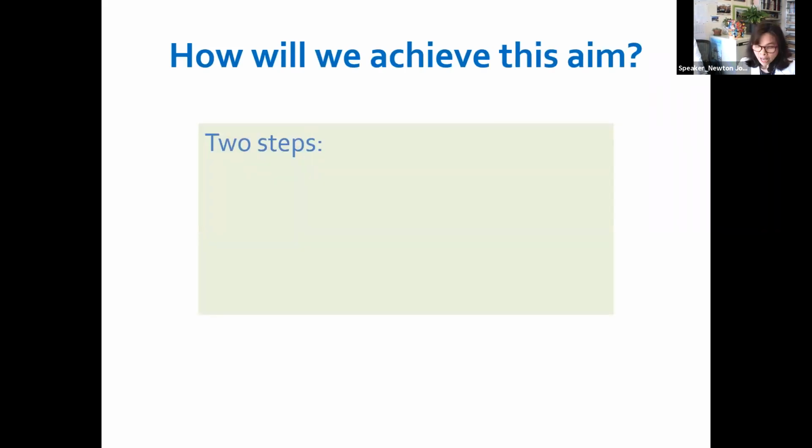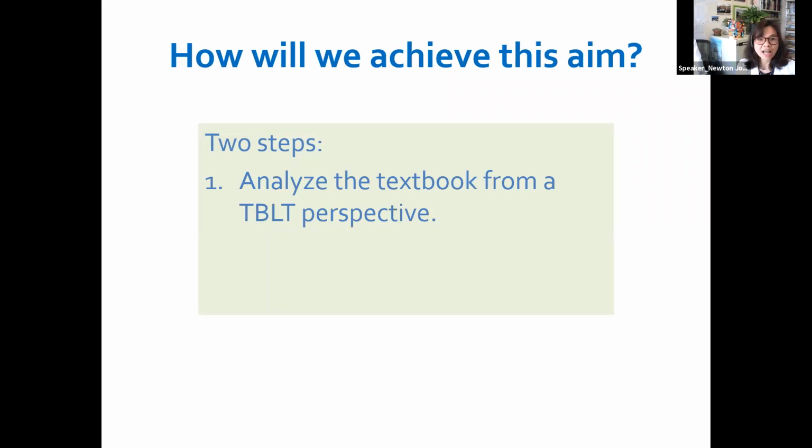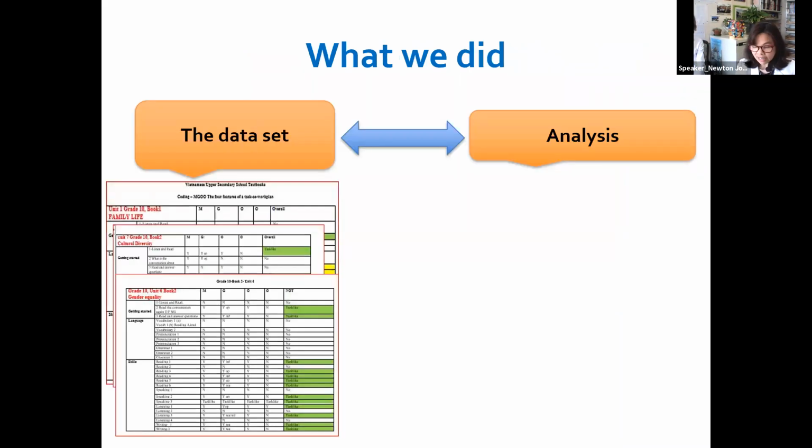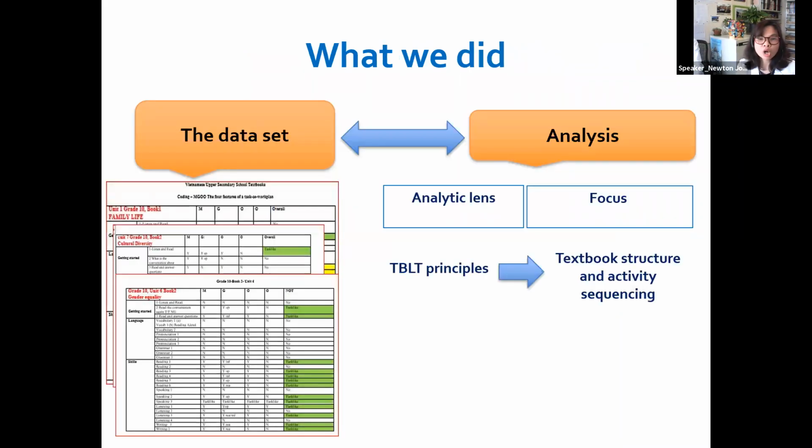To achieve this aim, we have done 2 steps. First, we analyzed the textbook from a TBLT perspective. And secondly, from our findings, we will propose some tips to help teachers to use the textbook better. What we did, we looked at TBLT principles to analyze the textbook structure and activity sequencing.